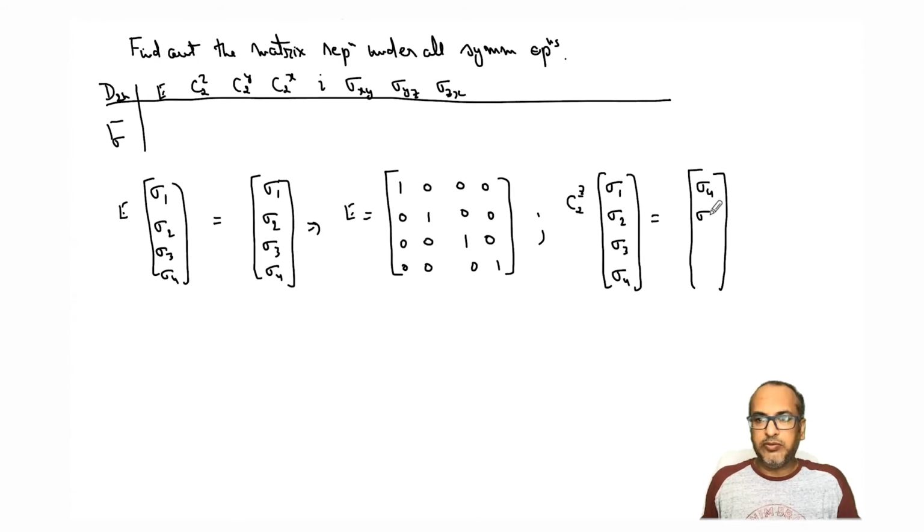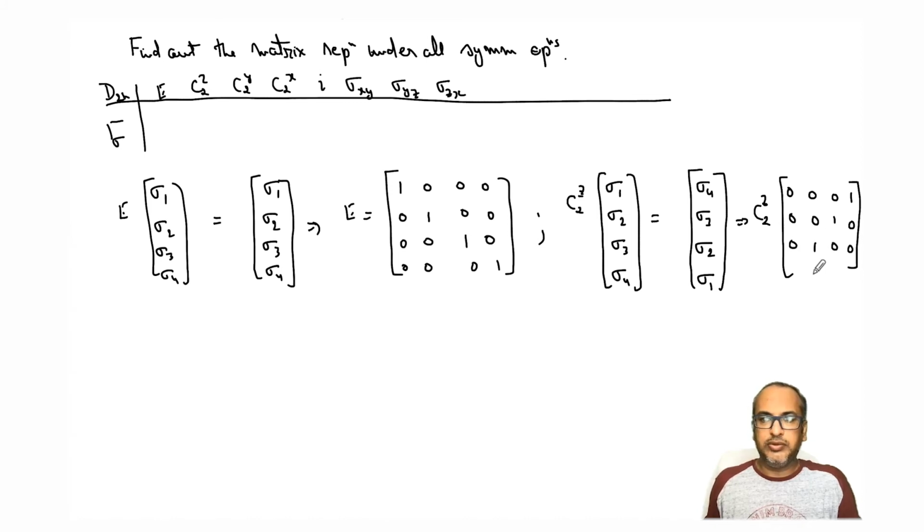Sigma 2 goes to sigma 3, sigma 3 goes to sigma 2, sigma 4 goes to sigma 1. This would imply that my C2z has a matrix representation which can be written as 0, 0, 0, 1; then 0, 0, 1, 0; then 0, 1, 0, 0; and 1, 0, 0, 0.